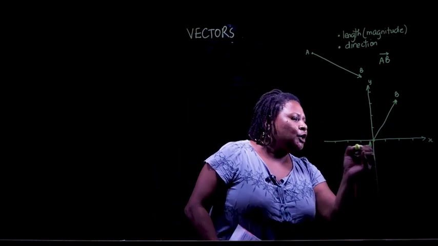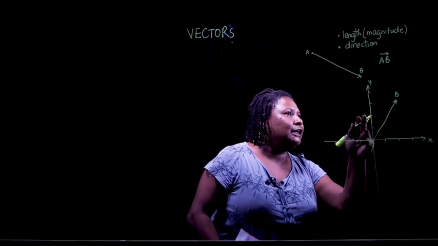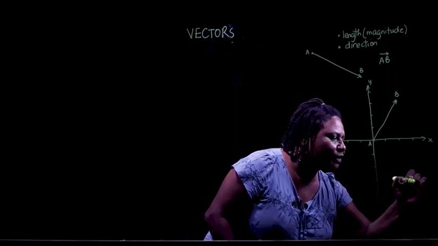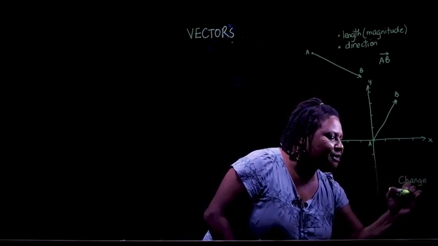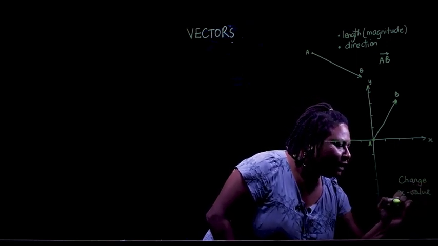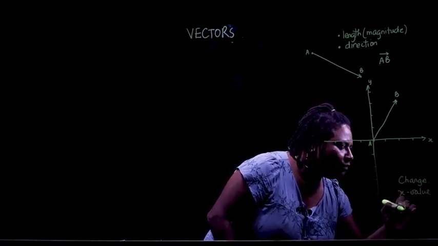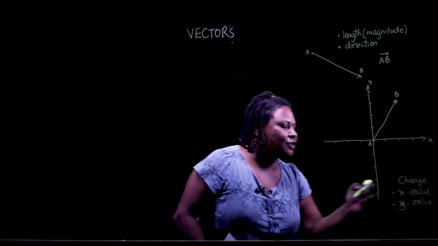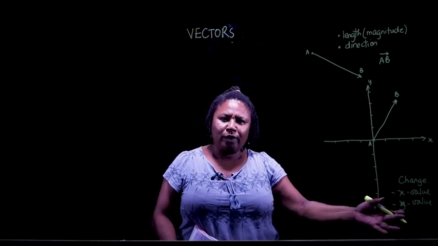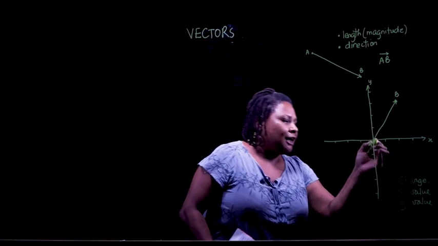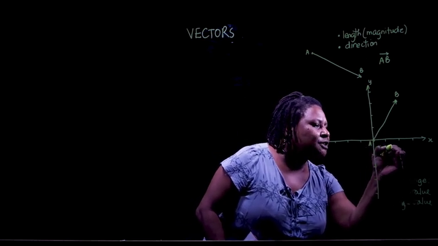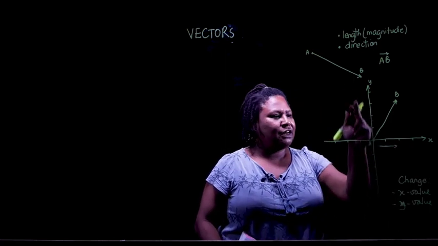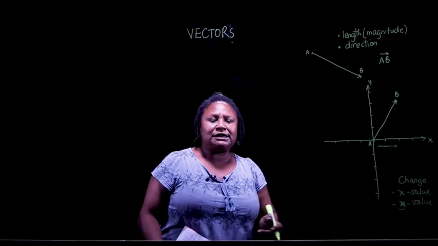Using your Cartesian plane, we measure direction because it is the change in the x value and the change in the y value. Where are those changes happening? The direction across your x-axis and the direction up or down the y-axis.